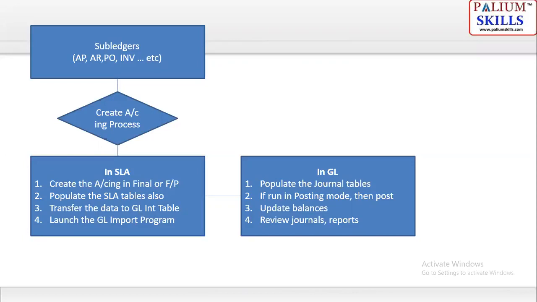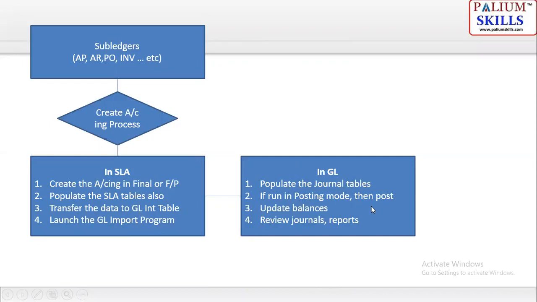So in case of final or final and post, it takes it forward, puts it into subledger tables, and then populates the GL import table also, and from there it will run the GL import program also, so that the accounting process will populate the journal tables.